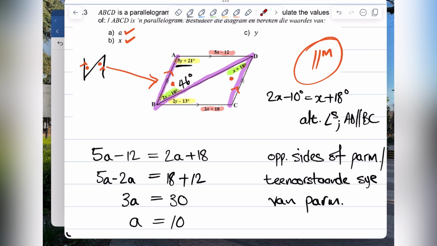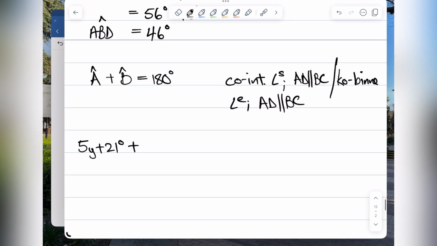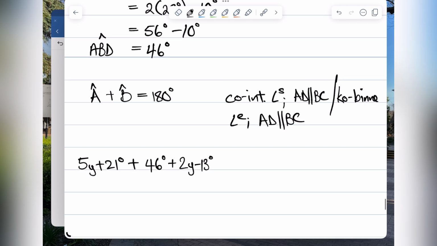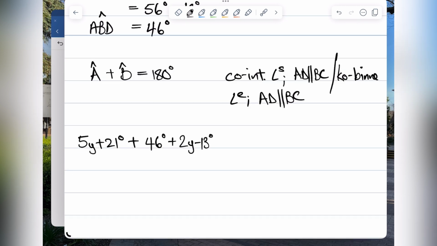So 46 degrees plus 2y minus 13 altogether gives us angle B. So we write that as follows: plus angle B, which is 46 degrees plus the 2y minus 13 degrees. I'm not using brackets for the 2y minus 13 because there's a plus sign outside, so it will not influence anything. Right, so this is basically rewriting A plus B.